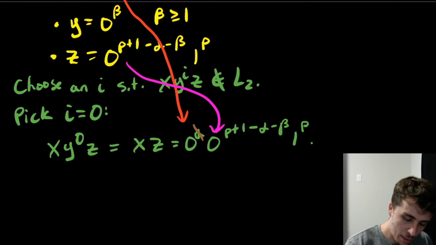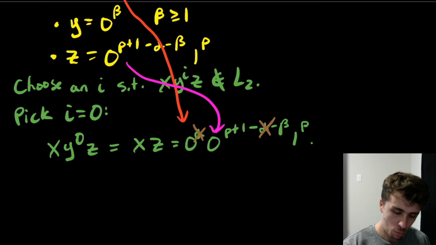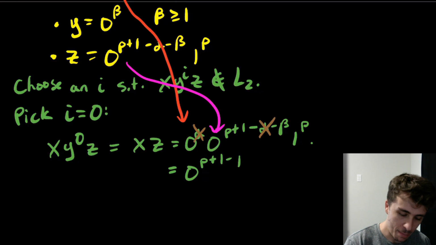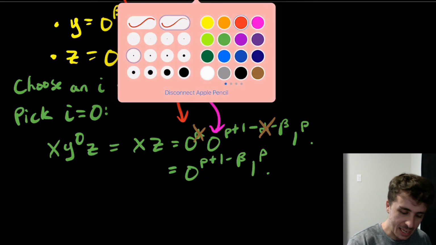Here, just like before, the alphas are going to cancel. The beta is not going to cancel because I don't have the other piece of y there. So when the dust settles, what I'm going to have is 0 to the P plus 1 minus beta, 1 to the P. Okay, well, what can we say here?